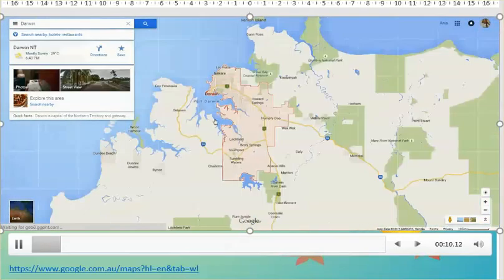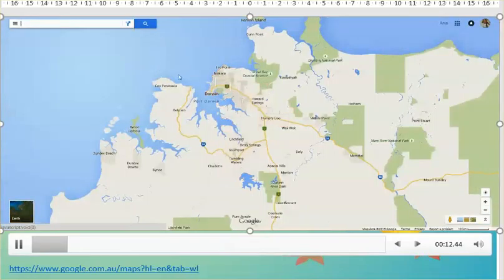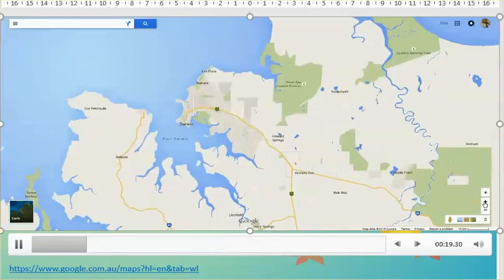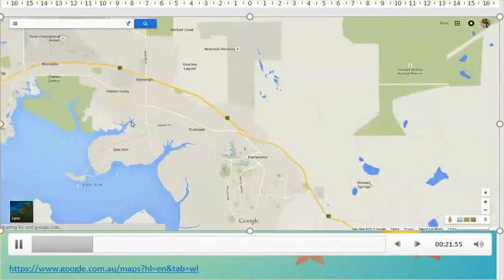They live in Australia, they live in America. But yes, just taking students through Google Maps and starting to look at what is where.